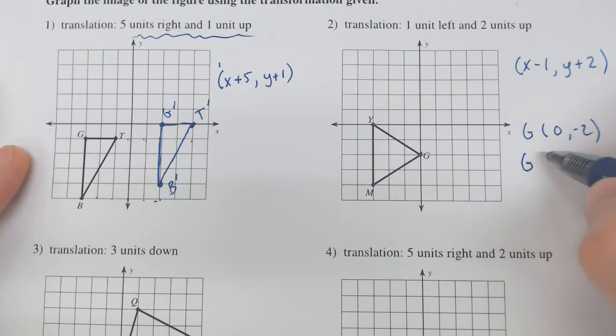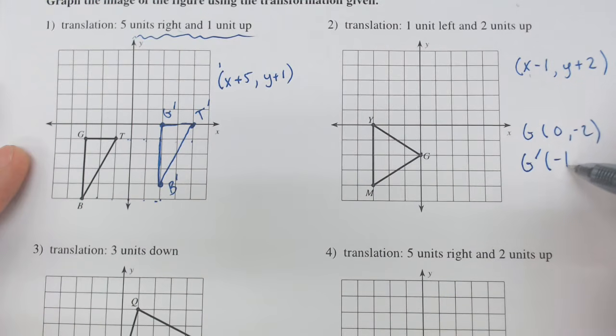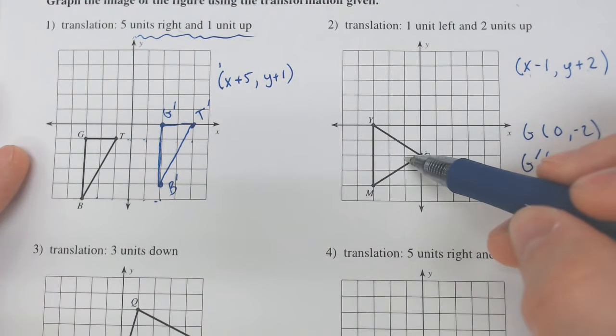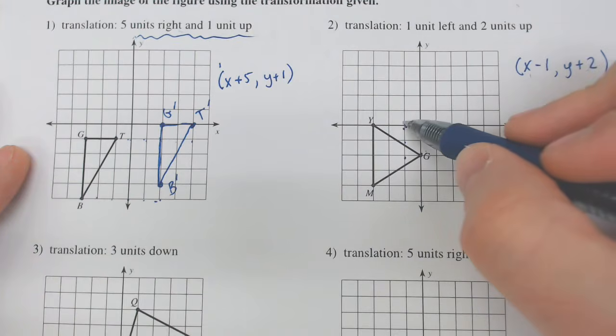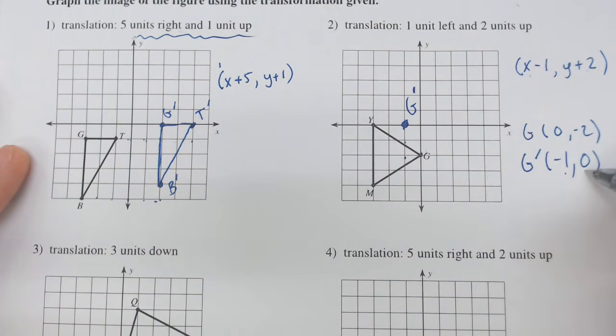My new g prime is going to be subtracting 1 from 0, that's -1, and adding 2 to -2, which makes 0. So really, when we go to the left by 1 and up by 2, my g prime is right here, which is at -1, 0.